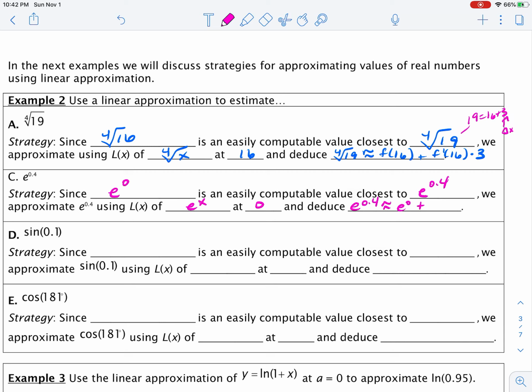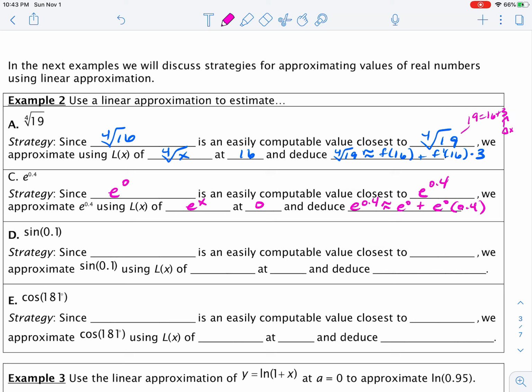And deduce that e to the 0.4 is roughly equal to e to the 0 plus the derivative at e to the 0, which would be e to the 0, times the differential and the difference, the difference here being 0.4. Good? That would be our delta x.